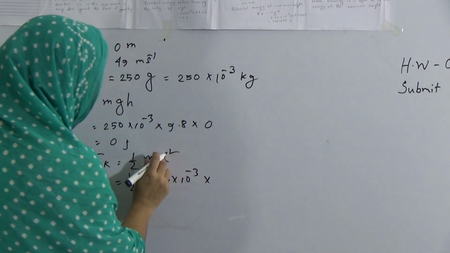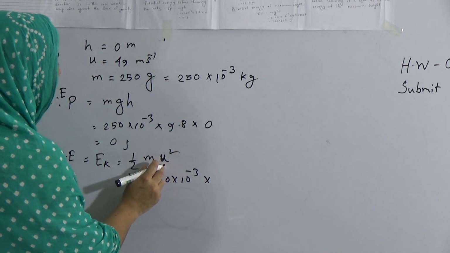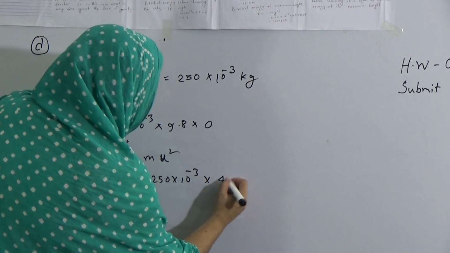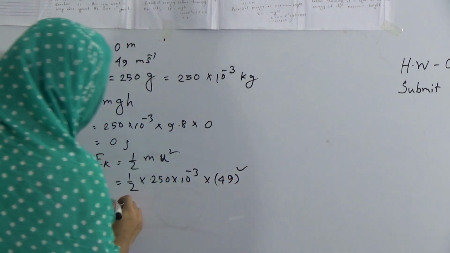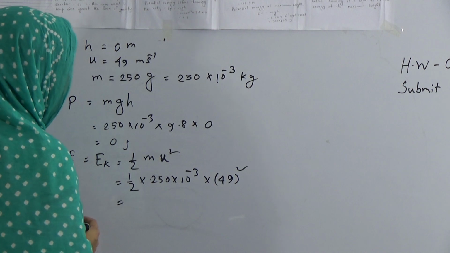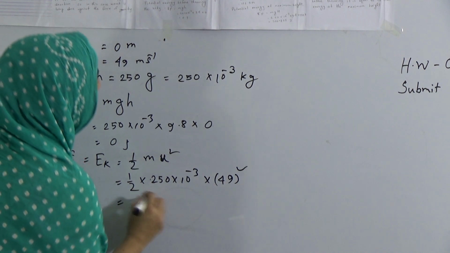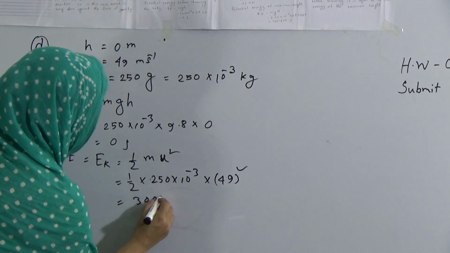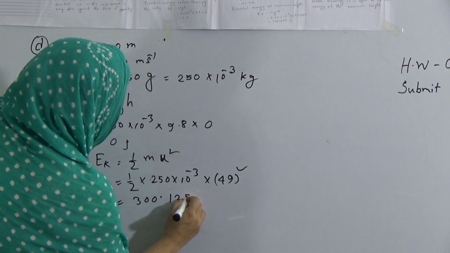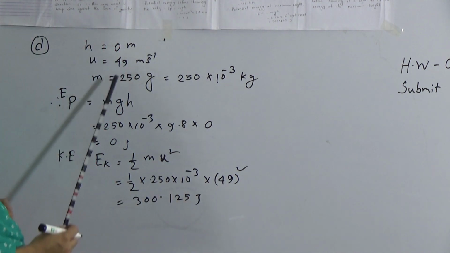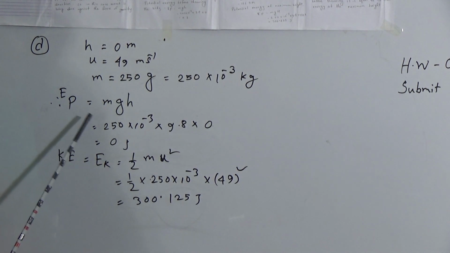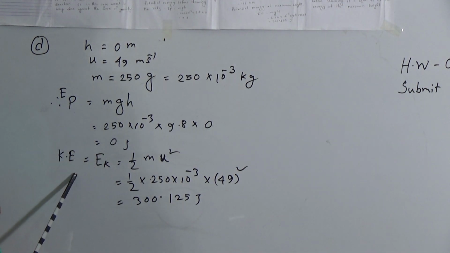We write u here because it is before throwing. So u is 49 whole squared. Now do the calculation. It will be 300.125 joule. So my dear students, we already found the potential energy and the kinetic energy.